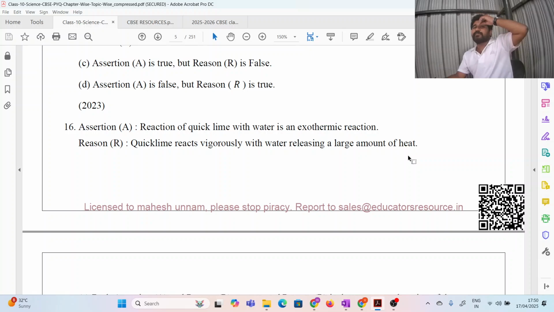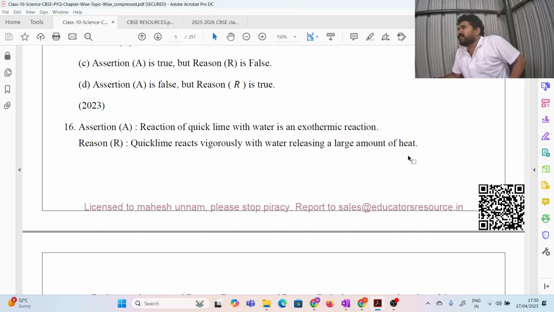Now, the reaction of quicklime with water is exothermic. Quicklime with water, true, heat will be produced. That reaction was repeated nearly 2 to 3 times, right? Yes or no? Quicklime reacts vigorously with water, releasing a large amount of heat.